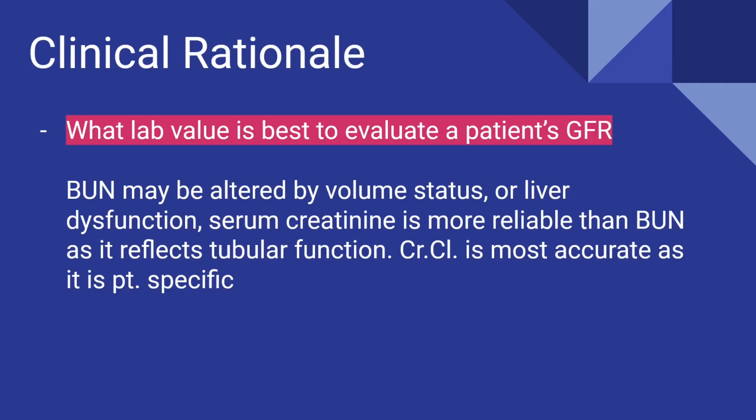Because they're inversely related to GFR. So if GFR is high, then we would expect there to be a lower creatinine clearance. And BUN may be influenced by a lot of different things. So what we're going to do here is take an hourly long-term measurement of urine output. So like a 24-hour urine kind of thing.